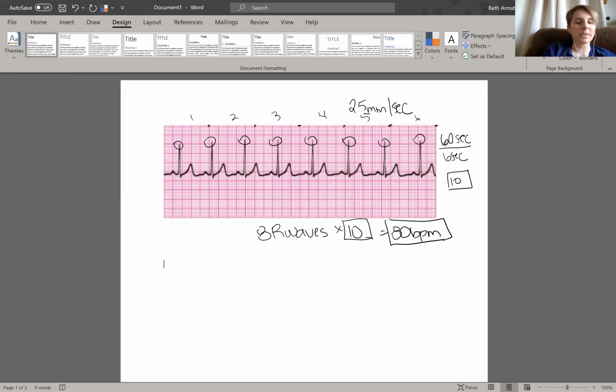Okay, yeah, no problem. All right, so let's say we have a 45-pound dog. Okay, and this dog is 7% dehydrated.